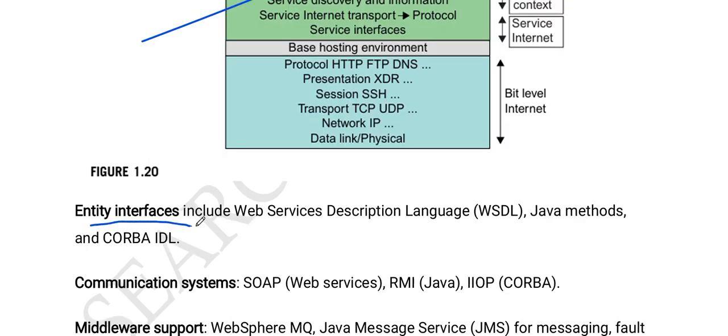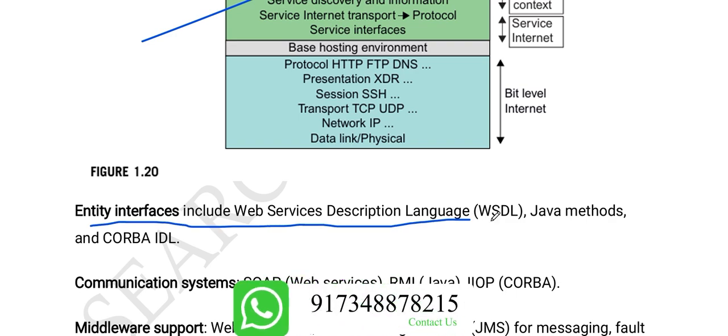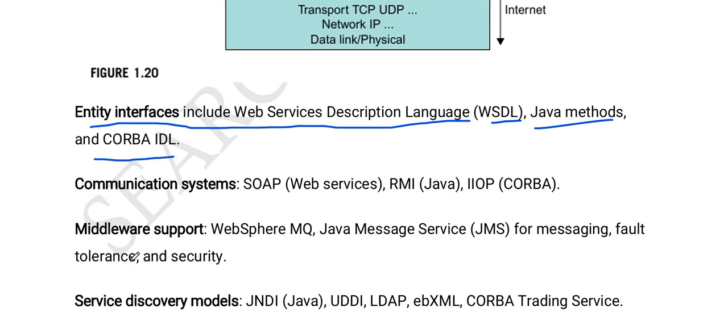Entity interfaces include Web Services Description Language, which is WSDL, Java methods, and CORBA IDL. We talked about CORBA in the previous concept. Next is communication systems: SOAP, web services, RMI Java, IIOP CORBA. These are the different communication systems used.